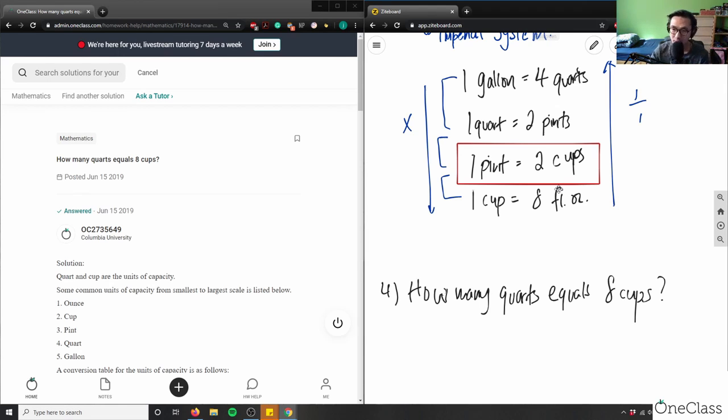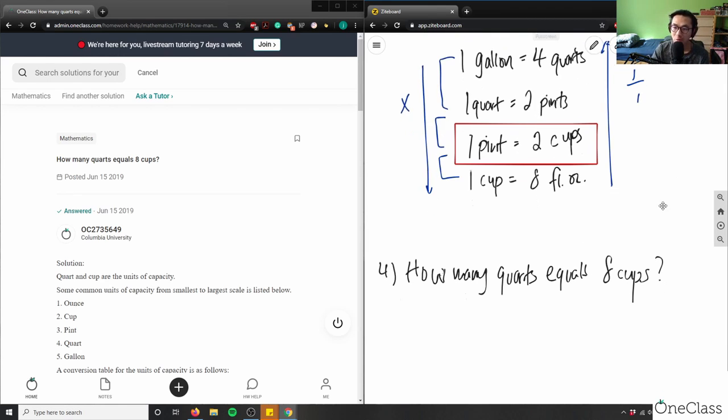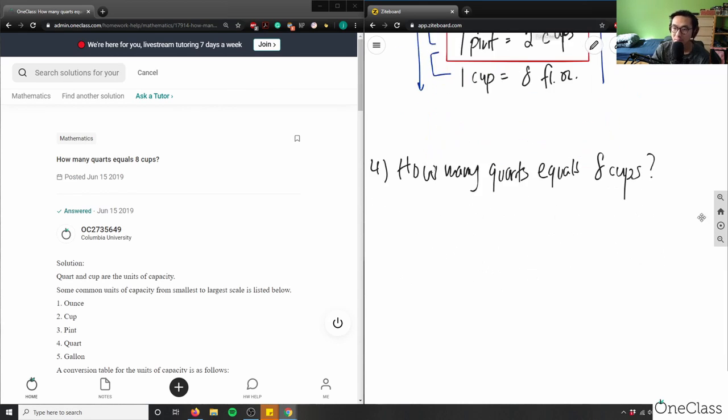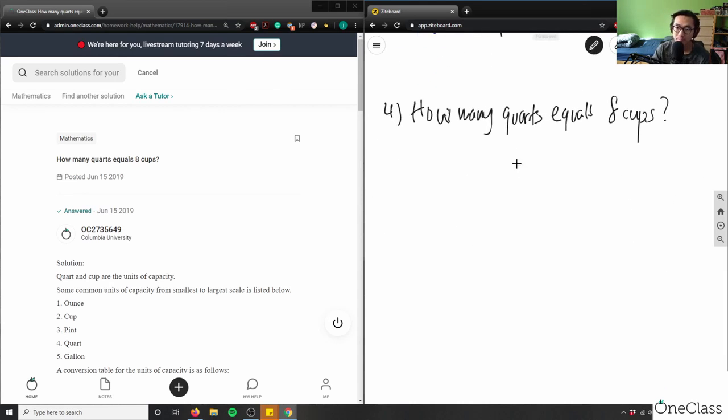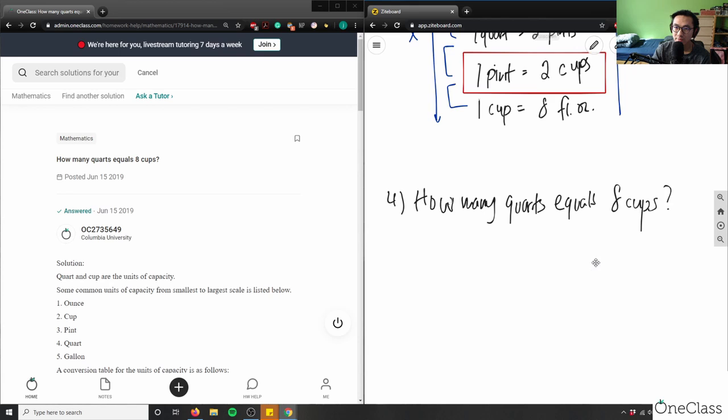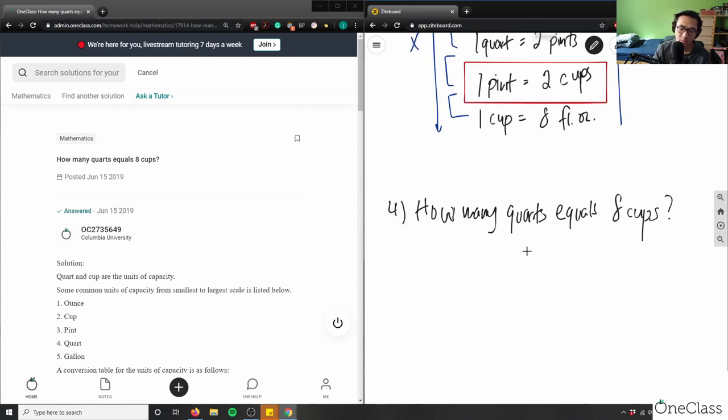So let's take a moment to answer this problem. We have how many quarts equals 8 cups? Let's start with this measurement, cups. I have 8 cups here. In 1 pint, I have 2 cups, which means I have to convert my cups into pints.